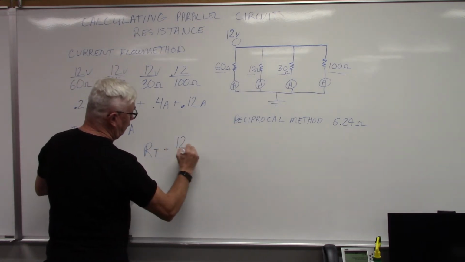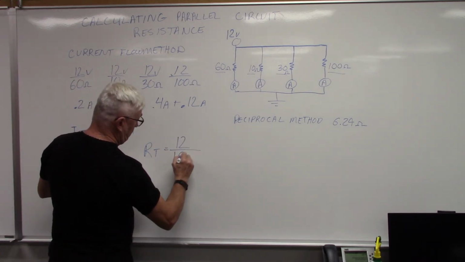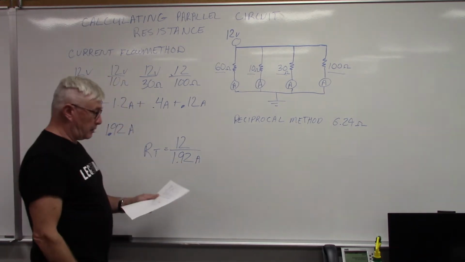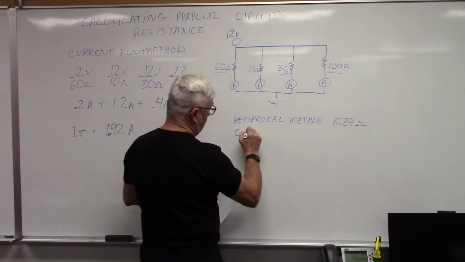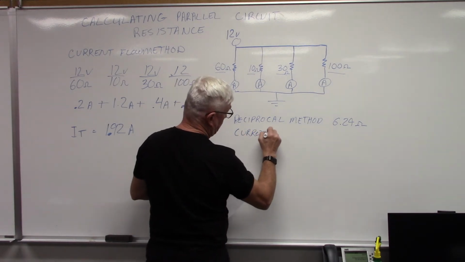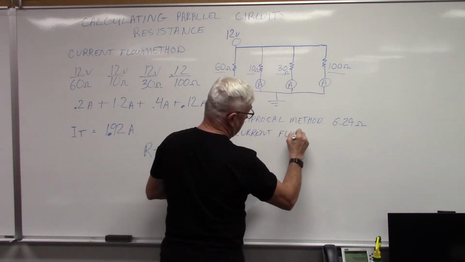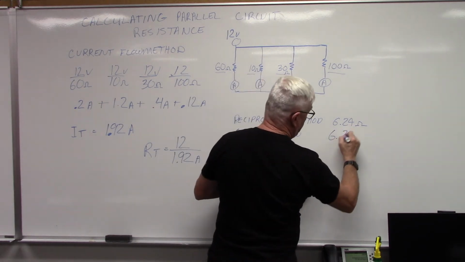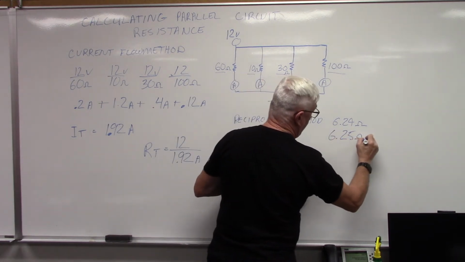Simple math now to find total resistance: it equals 12 volts divided by 1.92 amps, and our current flow method gives us an answer of 6.25 ohms.